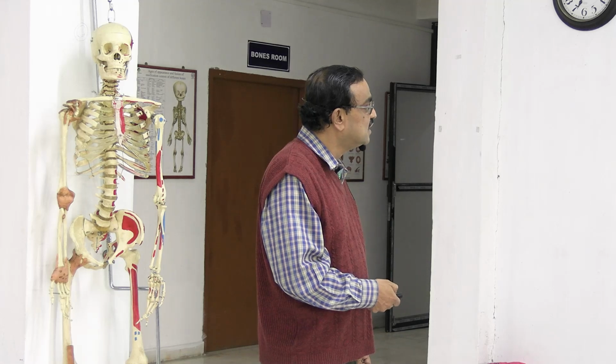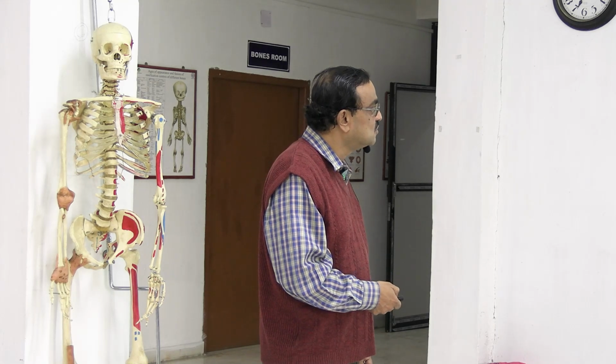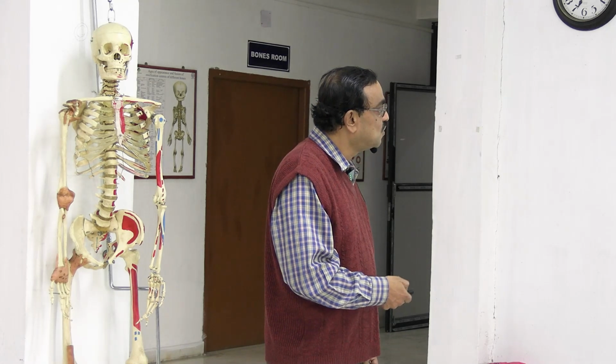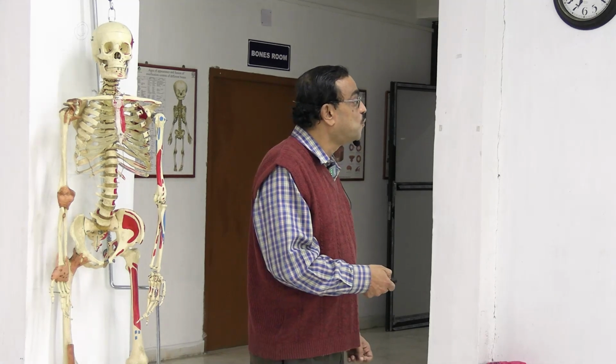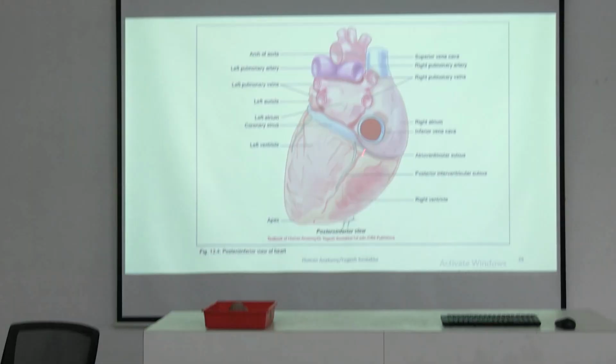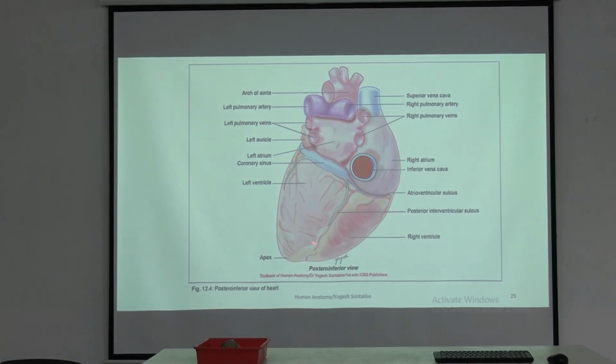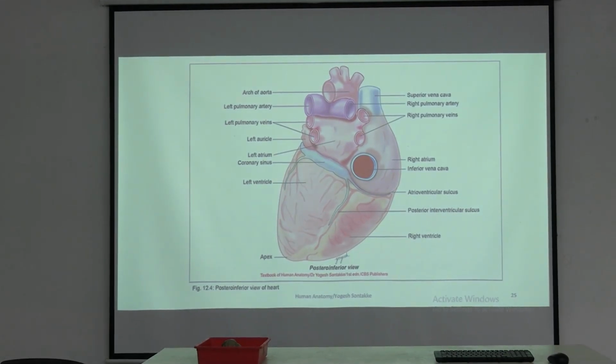During its journey, it gives a branch lodging in this groove, which is called the posterior interventricular branch of the right coronary artery. On the left side, we get the left coronary artery. This is the anastomosis point between the right coronary artery and the left coronary artery.